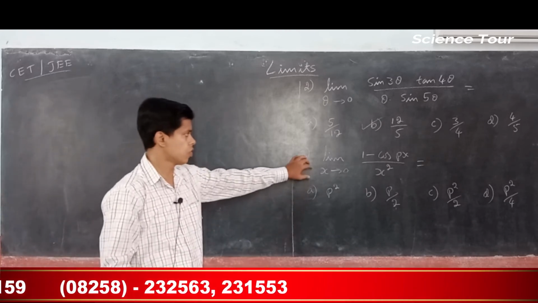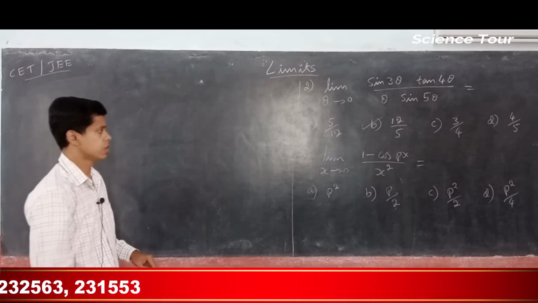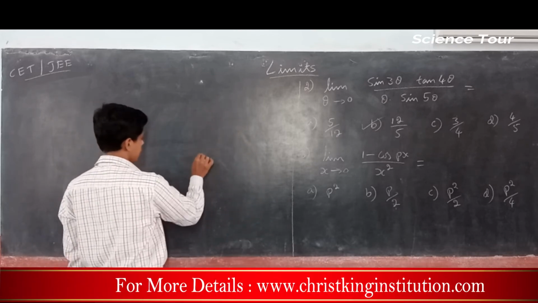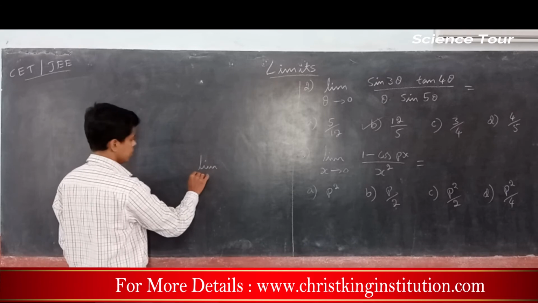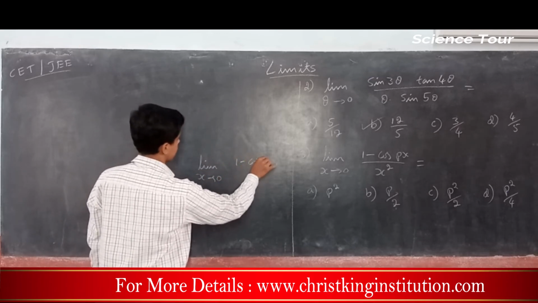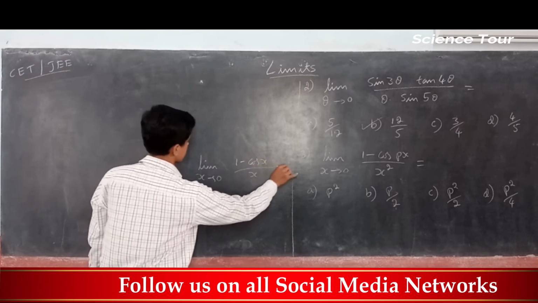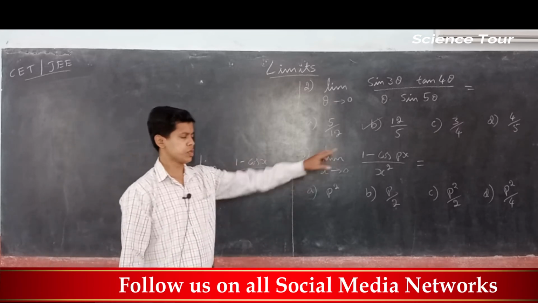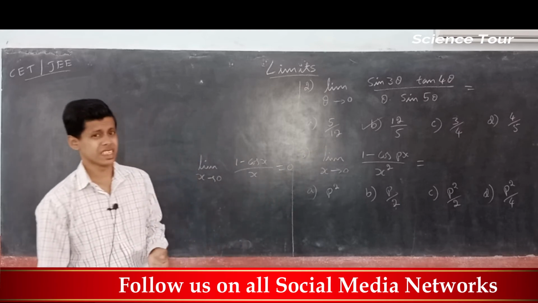Let us move to the third one, which looks familiar, correct? That is comparable to this formula, limit 1 minus cos x divided by x, which is equal to 0. Now, this is not cos x, this is cos px, and in the denominator you have x square.